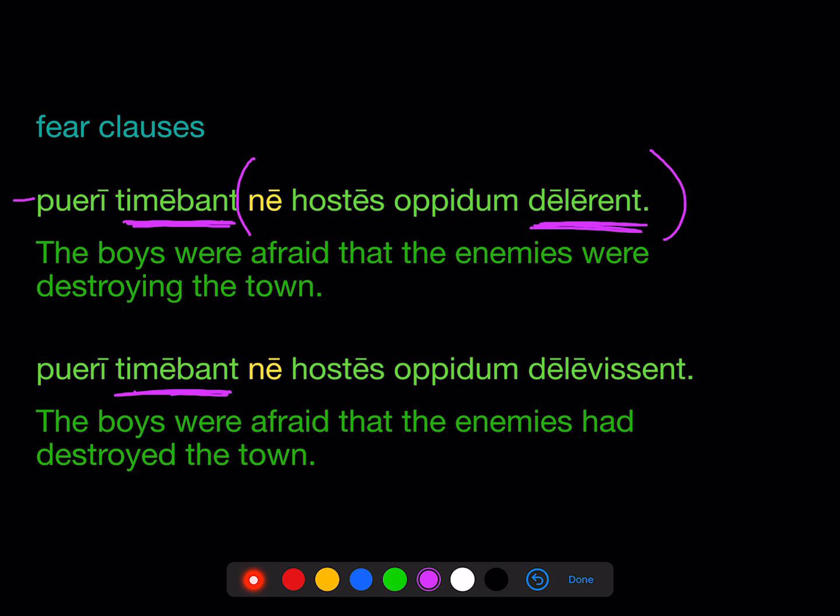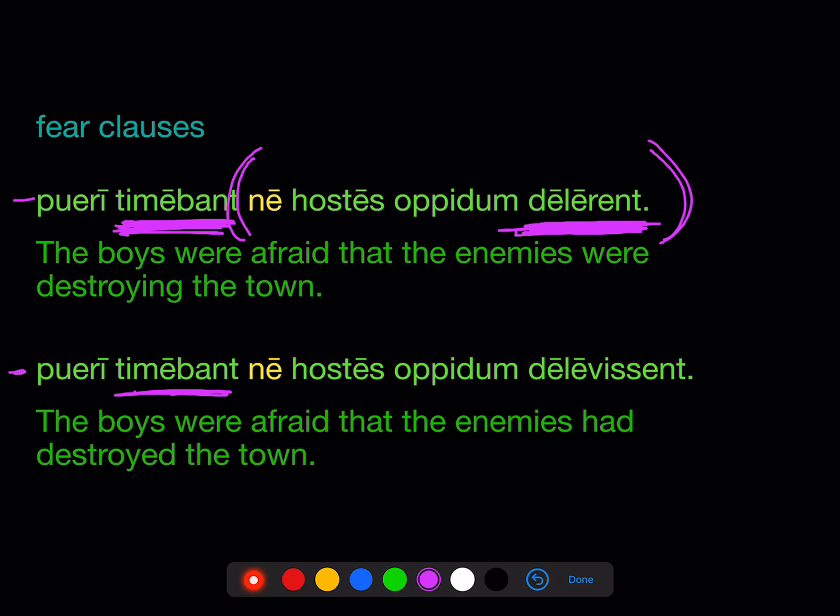So if the action in your fear clause is happening same time as or future to your main verb and your main verb's in a past tense, then you're going to use an imperfect subjunctive, just like purpose clauses and indirect commands that are introduced by a verb in a past tense use the imperfect subjunctive.